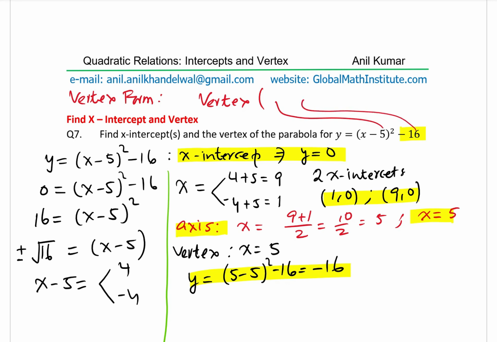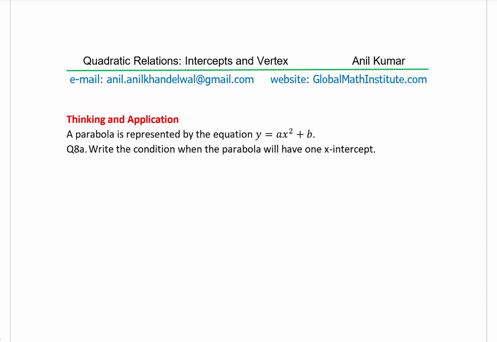So the two values are minus 5 and that is minus 16. Is that clear to you? So you can directly read from the vertex form the vertex. Perfect.